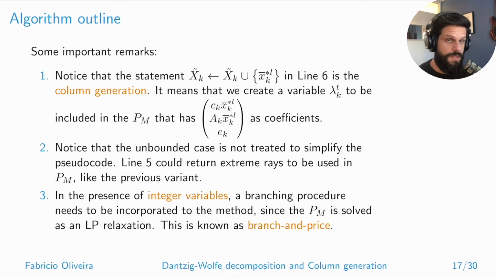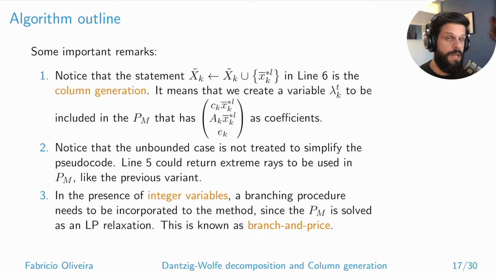So once that was observed, it became pretty obvious for the optimization community that you could employ a branching mechanism, just like we do in traditional branch and bound, to make sure we obtain integer solutions from these main problems. And that combination of Dantzig-Wolfe decomposition with a branching coordination mechanism to allow for obtaining integer solutions is what we have as branch and price.